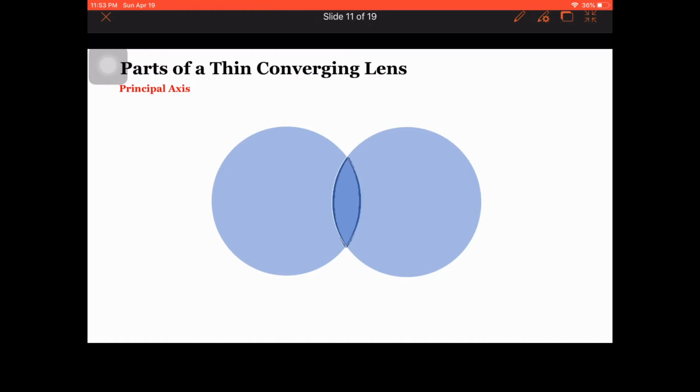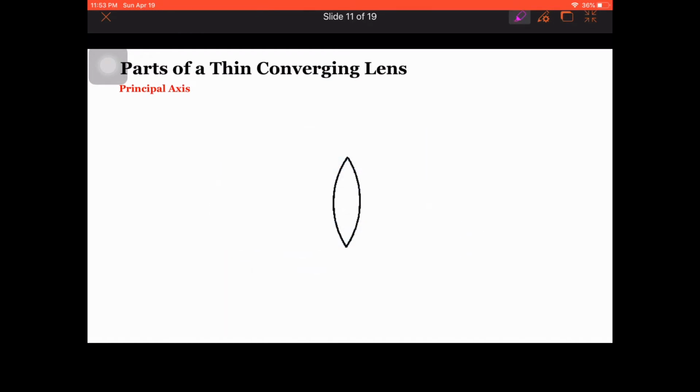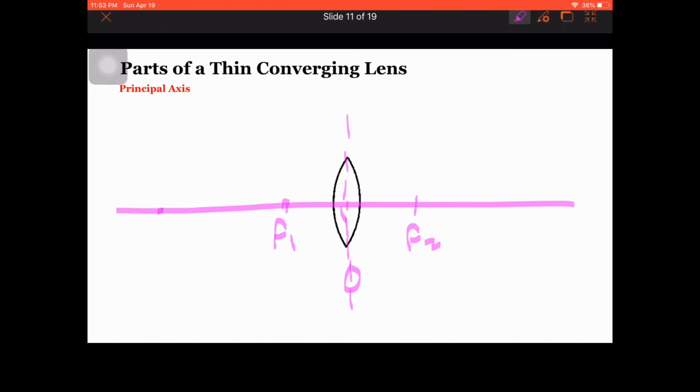Now, one thing you have to remember though, if we have our lens over here, and we draw our principal axis, this is our optical center. We will draw this imaginary line, and we have our focus one over here and F2 over here. Now the center of curvature is somewhere over here. This is C1 and this is C2.